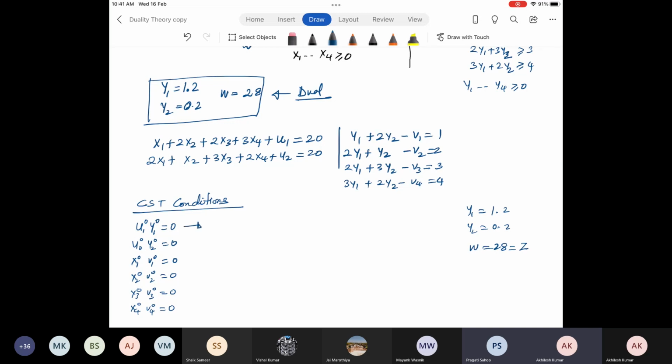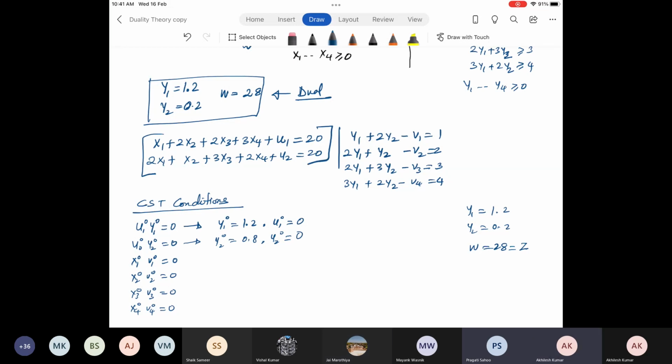Let's start with the first condition: y1 is 1.2, so what is u1 equal to? 0. Similarly, y2 is nonzero, so what is u2 equal to? 0.